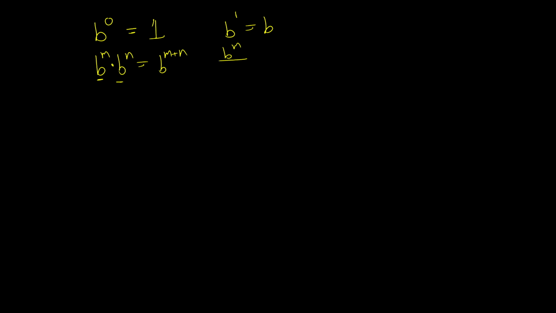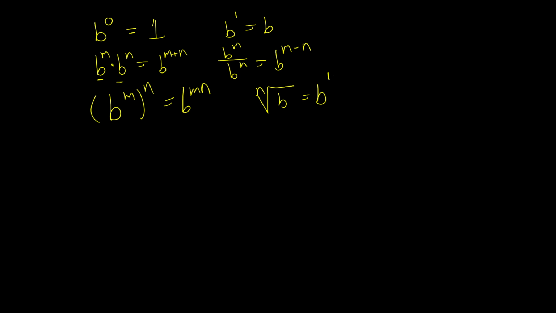If I divide exponents with the same base, I subtract exponents. If I take an exponent to a power, I multiply exponents. And I can write roots as fractional exponents.